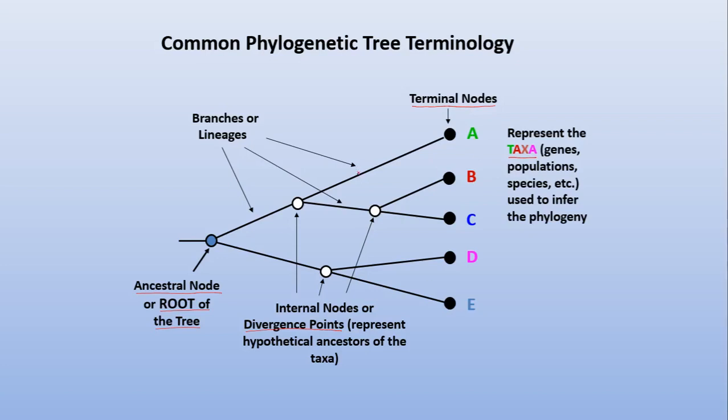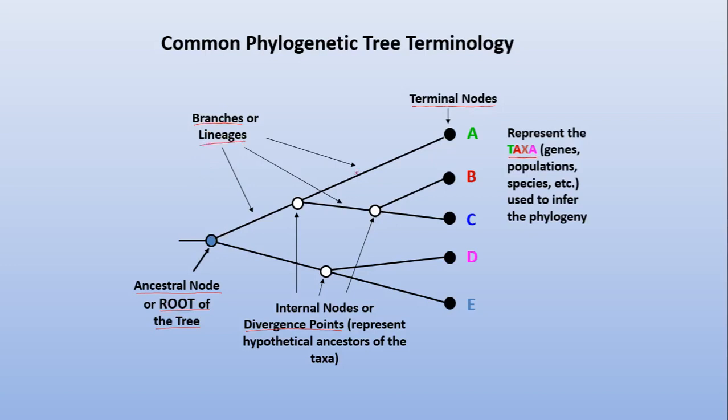So the lines that join such terminal nodes, ancestral nodes, and the root of your tree are termed branches. Branches are sometimes also called lineages.